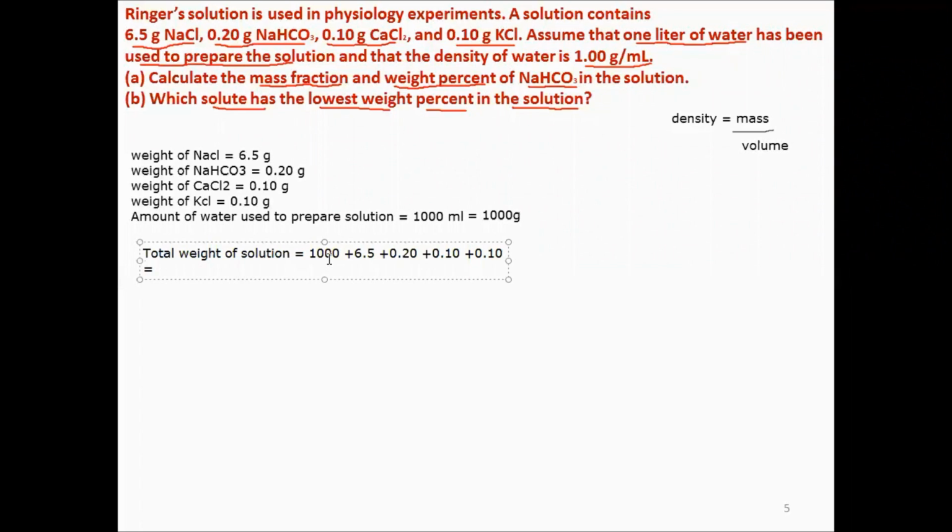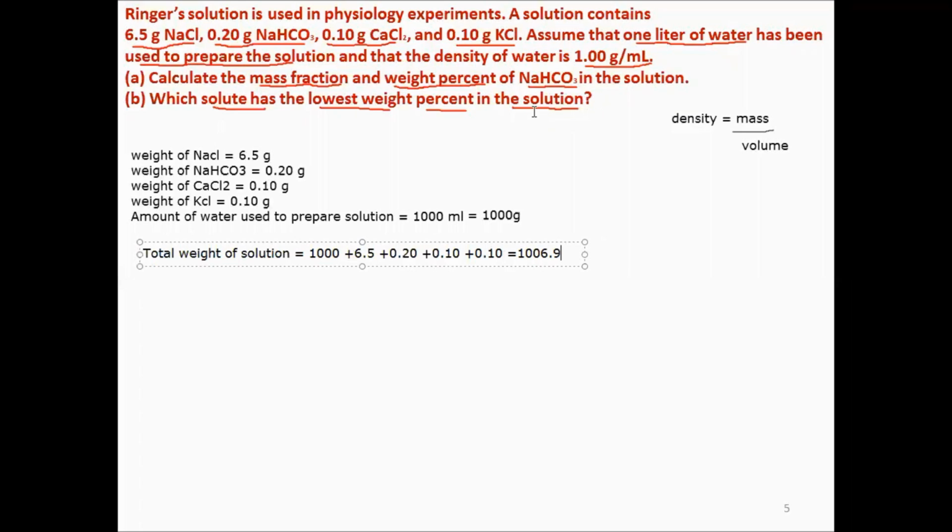If we add all these, 6.5 plus 0.2 is 6.7, plus 0.1 is 6.8, plus 0.1 is 6.9. 1000 plus 6.9 is 1006.9. So this is the total weight of the solution.